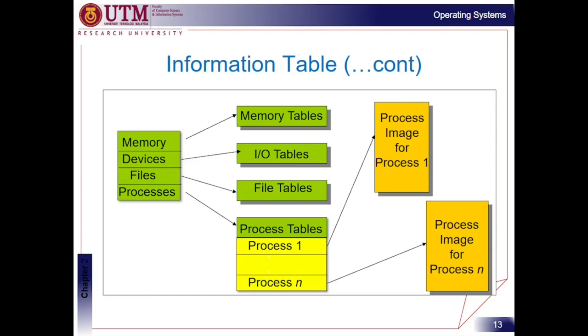Each process table entry also points to a process image, which is a collection of data and code that define a process. A process image contains information such as the user ID, environment variable, stack, heap, text segment, and data segment for a process.